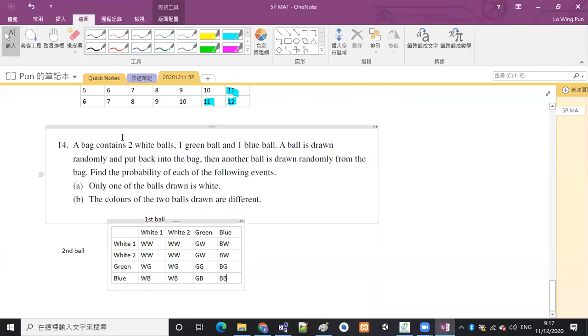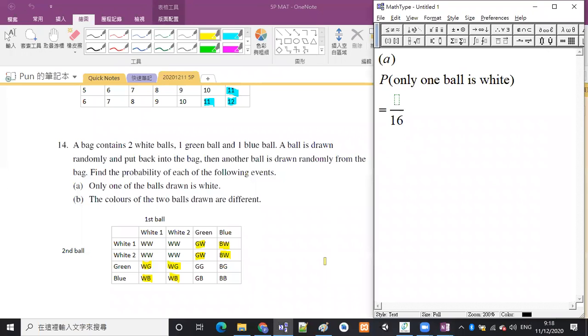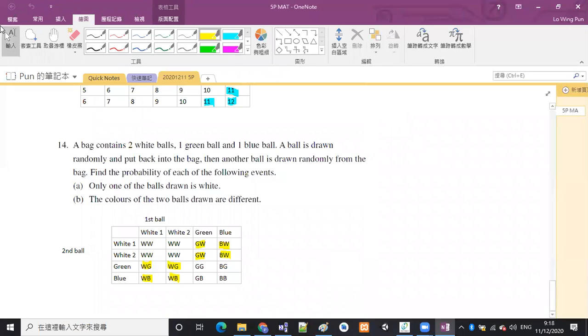OK，只係得1個係白色嘅啫，呢個唔得啦，呢個唔得啦，呢個得喎，1個 W 係嘛？呢個，然後咧呢個，呢個，呢個，呢個，Can you see this? So among the 16 options, there are 8 of them can satisfy this requirement. So the answer will be 1/2. Okay, so that is the answer of part A.